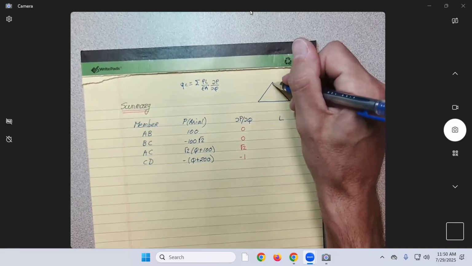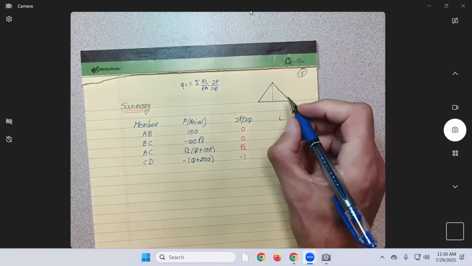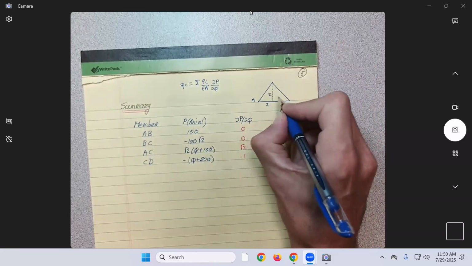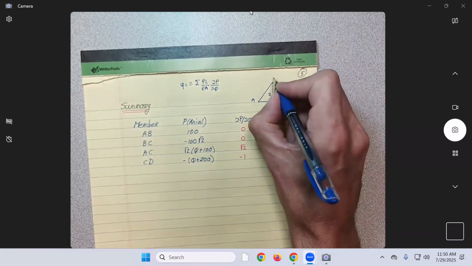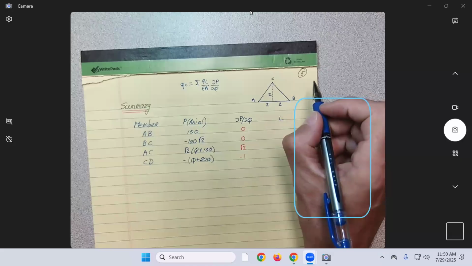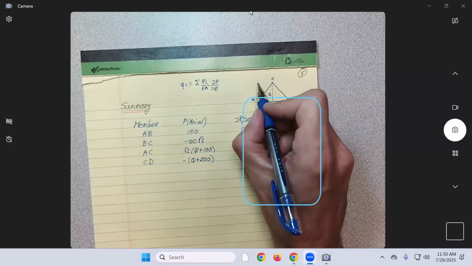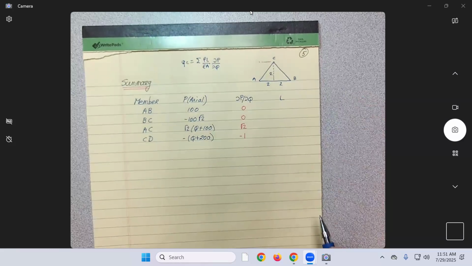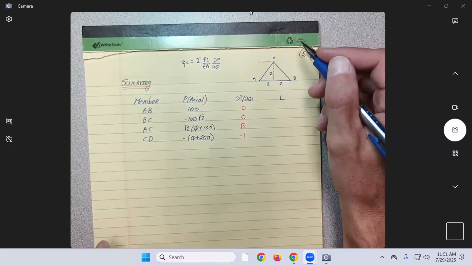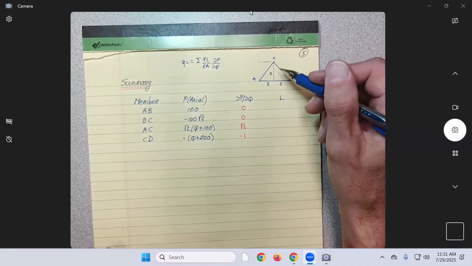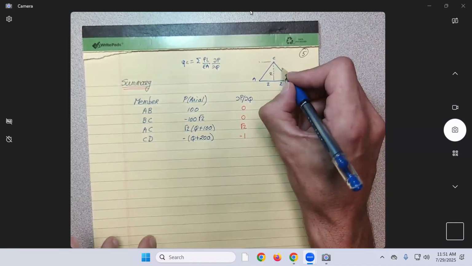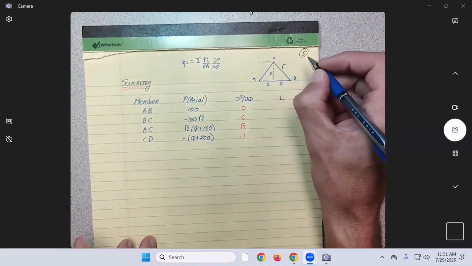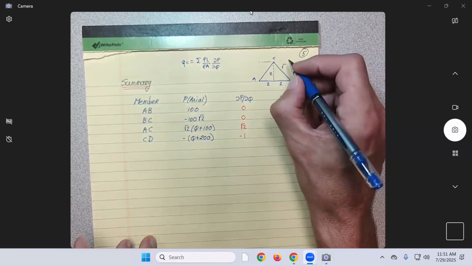So this is 2, 2, A, B, C. What would be the length of this element over here? Square root of what?